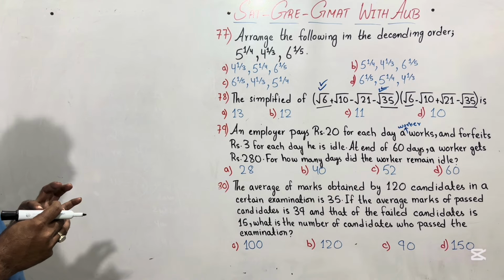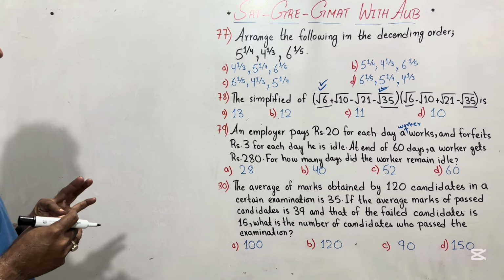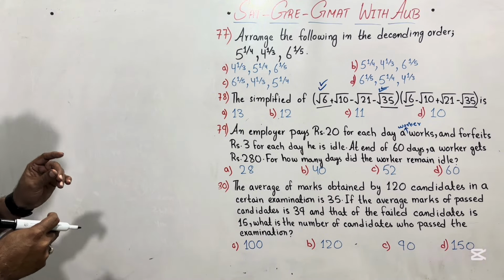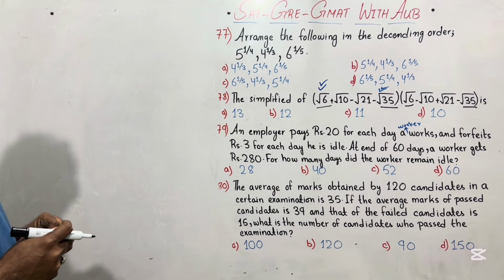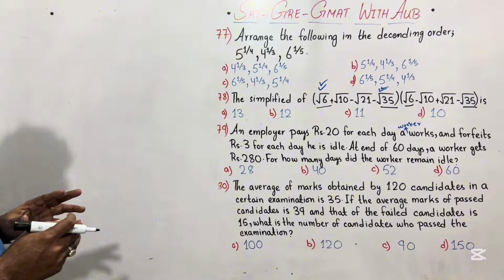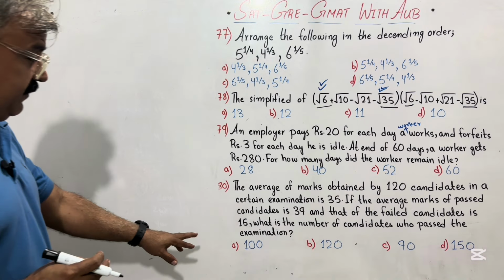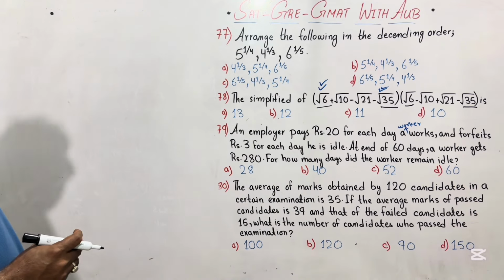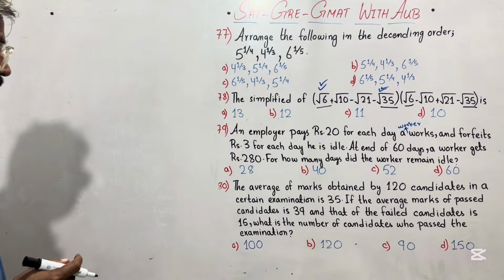Their overall average, including failed and passed candidates, is 35. The average of only passed students is 39 and of failed students is 15. We are interested in the number of candidates who passed the examination.